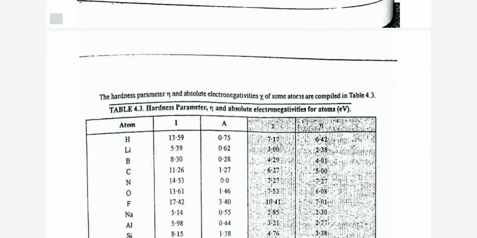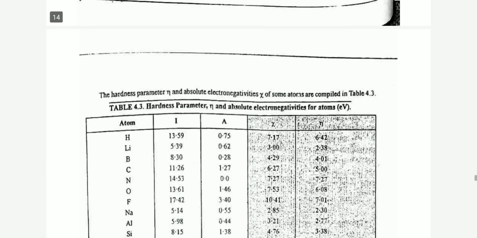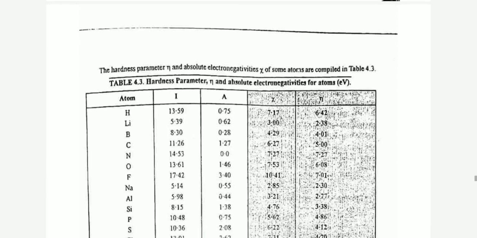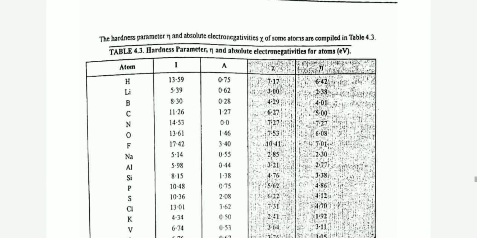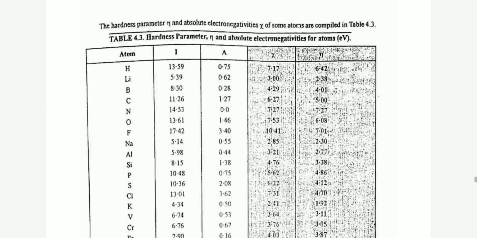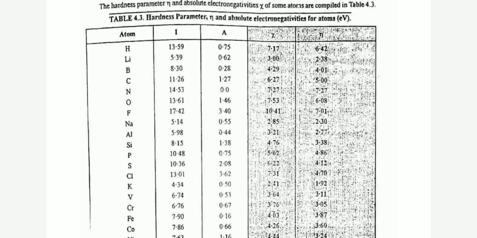The hardness parameter eta and absolute electronegativities psi of some atoms are compiled in table 4.3. For hydrogen atom, I is equal to 13.59, A is equal to 0.75, psi is equal to 7.17, eta is equal to 6.42.